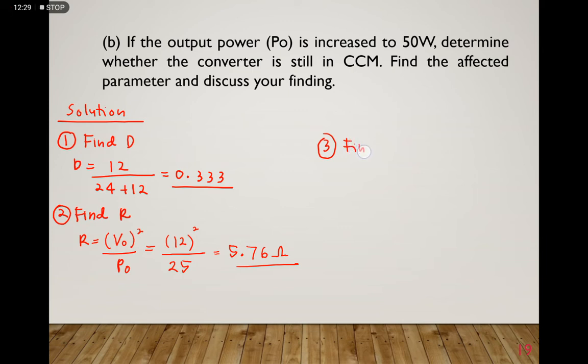And then for the third step, you need to find your IL. IL will be equal to Vs over R multiplied by 1 minus D to the power of 2.